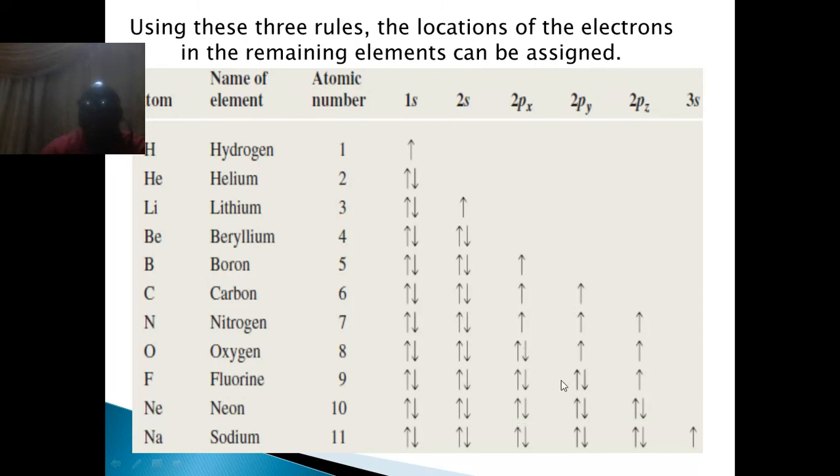And you can see how the electrons are shared from boron to neon. You first of all arrange the electrons singly before we start pairing them up until we get to neon. And for sodium, which has atomic number of 11, it is 1s2, 2s2, 2p6, 3s1. And so this is how we write electron configuration and so on.